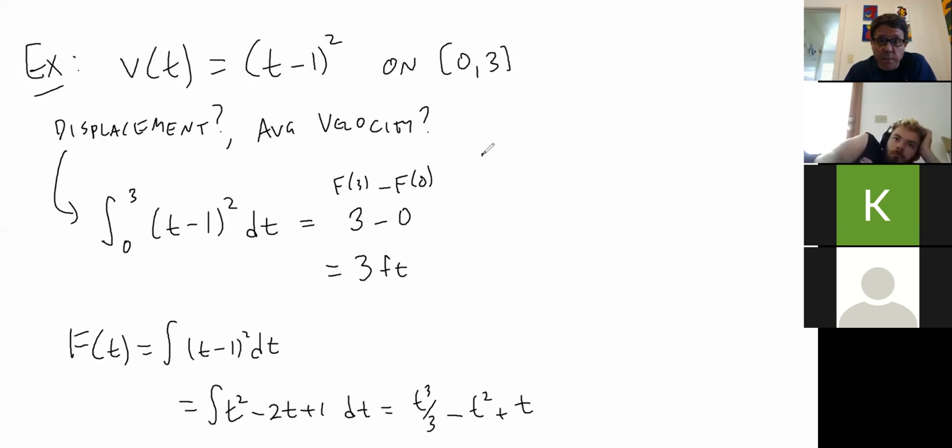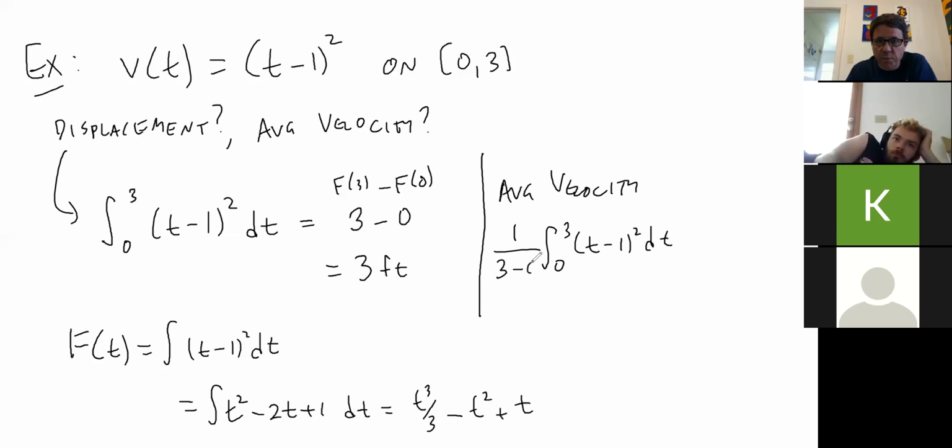And then the nice thing about this is that the average velocity formula is the exact same thing, 0 to 3, except I multiply by 1 over the difference between the start point and the end point. And so this will tell me over this range, sometimes I'm going fast, sometimes I'm going slow, but if you could average all of those velocities out, this is 1/3 in front.